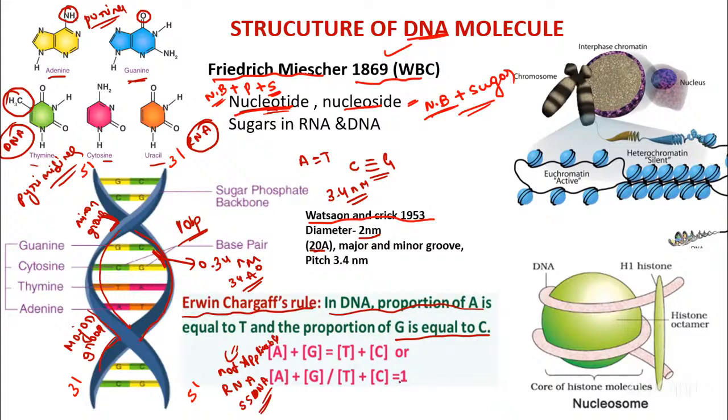And the ratio of adenine, guanine, thymine and cytosine is different in different species. Okay, remember this. We are going to get one question from this topic.